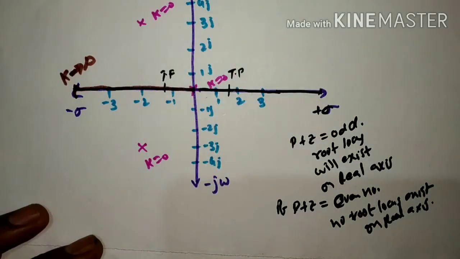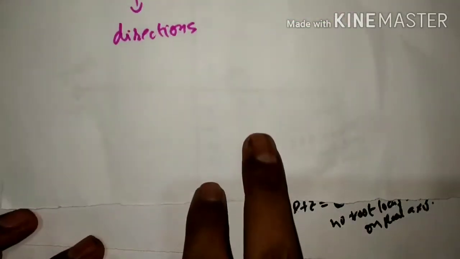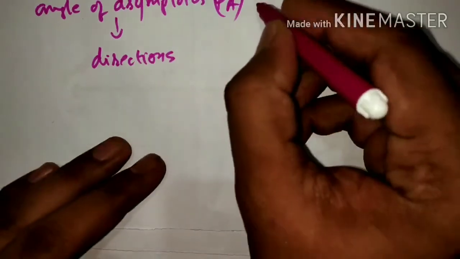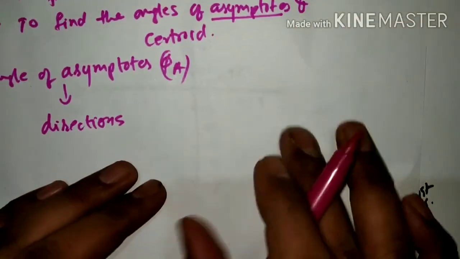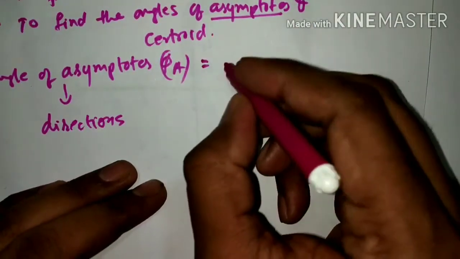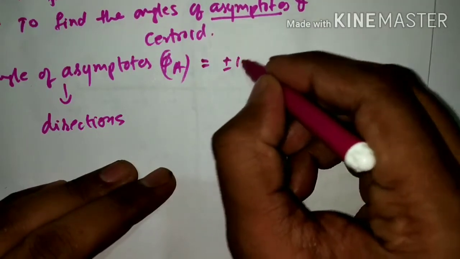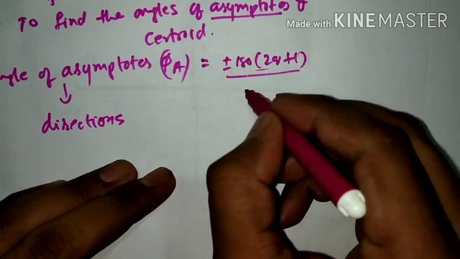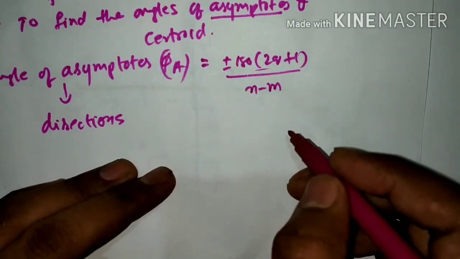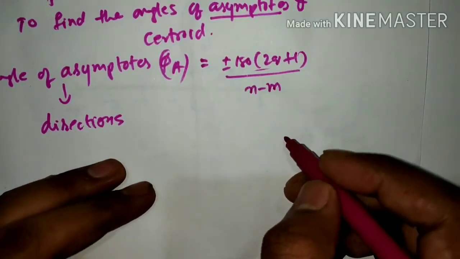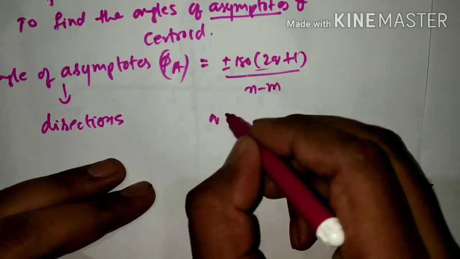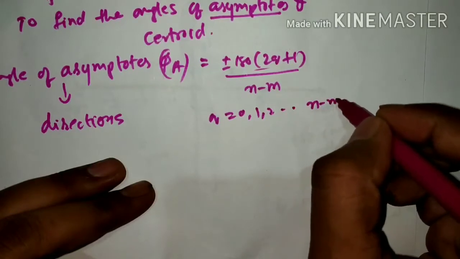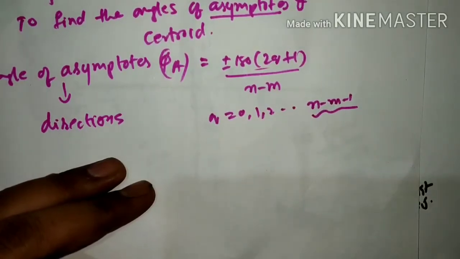So to find the angle of asymptote, the equation is plus or minus 180 times (2q plus 1) divided by (n minus m). Here q is equal to 0, 1, 2, and so on, giving n minus m directions.